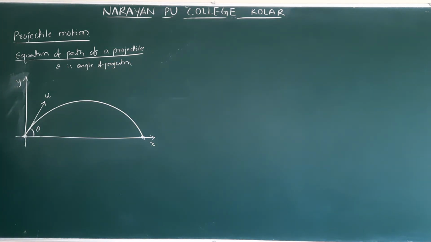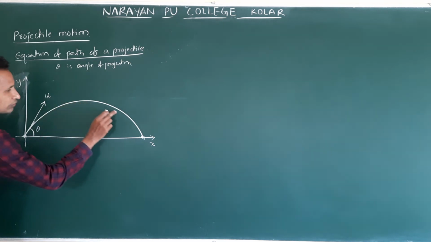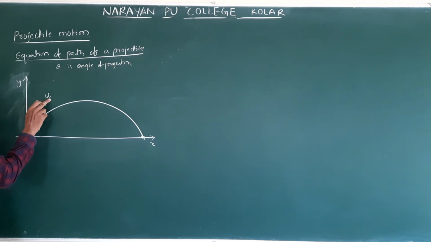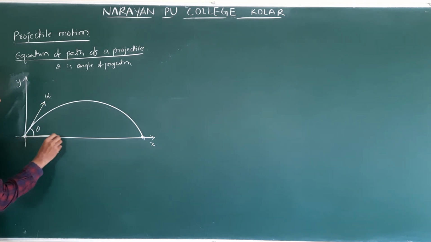Okay? Understand? Now, why does this object follow this path? This is very, very important. So u is the velocity vector. In this velocity, one component acts along the x direction.